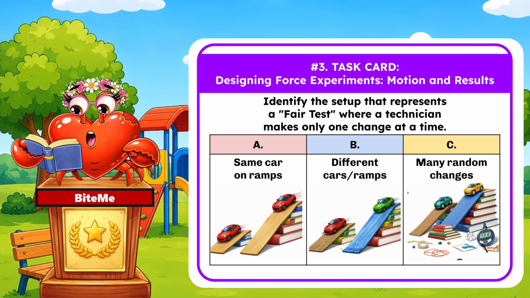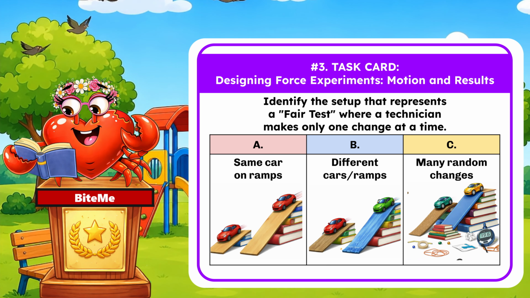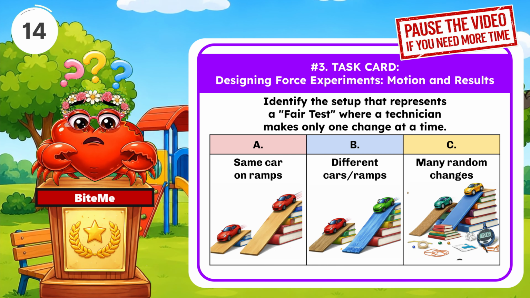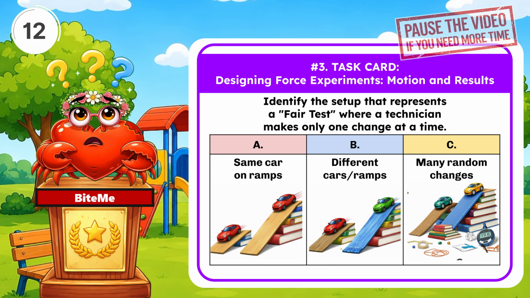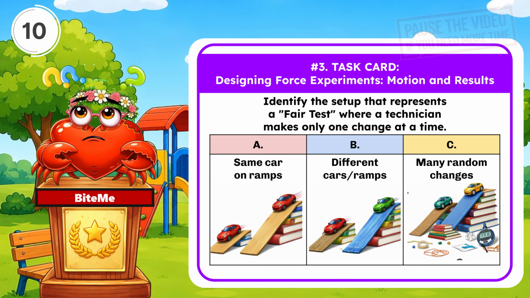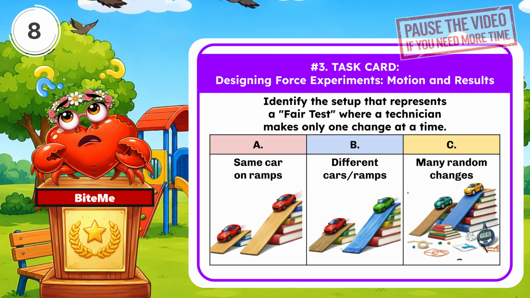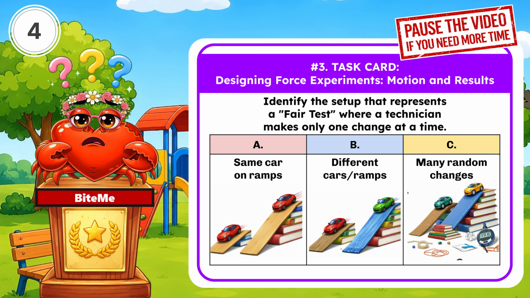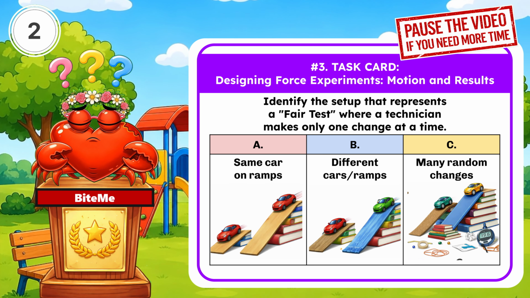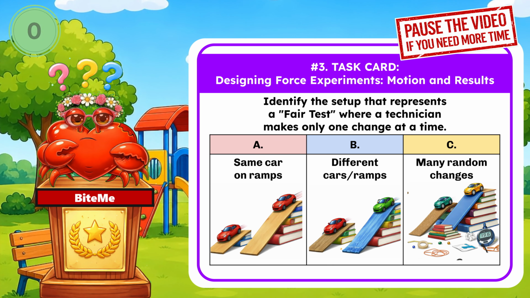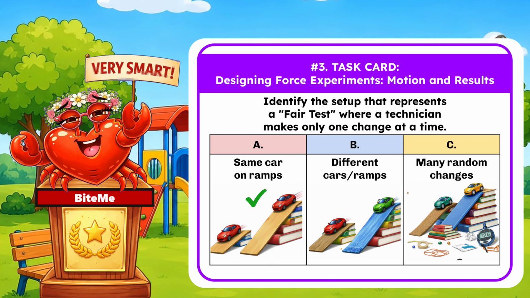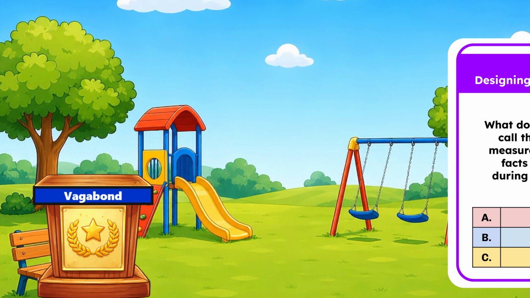Identify the setup that represents a fair test where a technician makes only one change at a time. And the correct answer is letter A, same car on ramps.